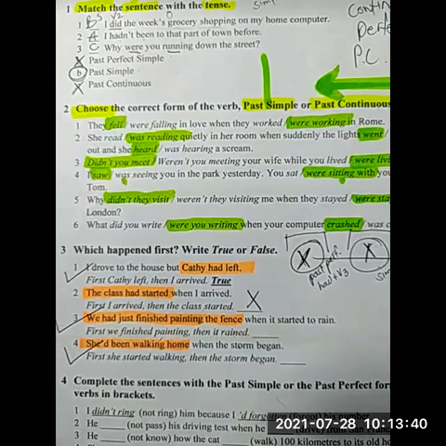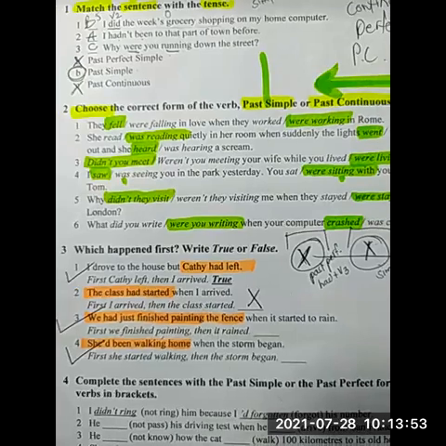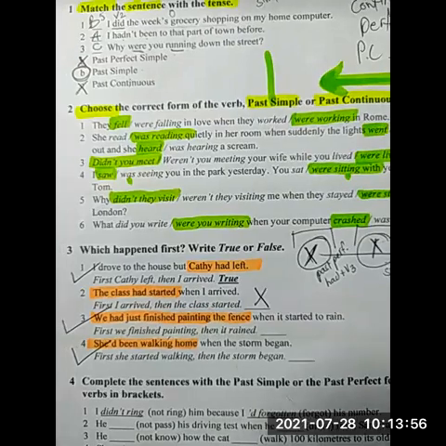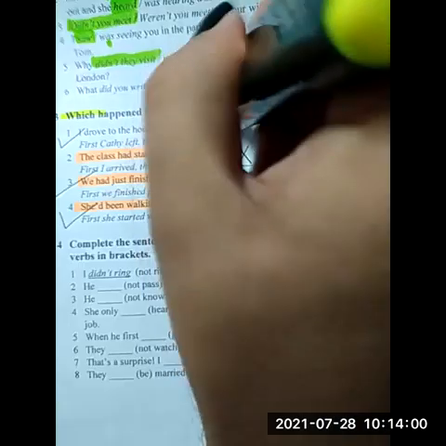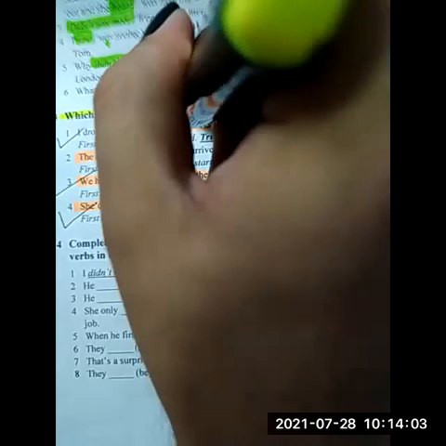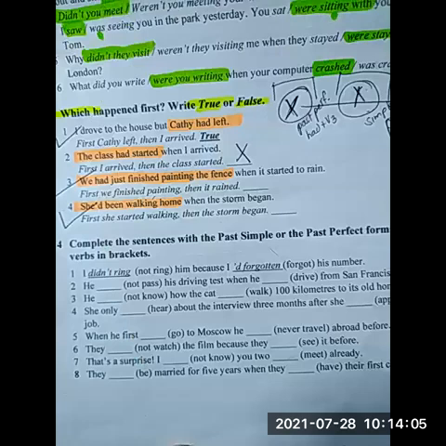Okay, now let's go to question number 4. Question number 4 is also about mixed tenses. And as we continue studying English more and more, this is becoming very important because, look there, which happened, true or false? I forgot to highlight that. I'm sorry. Now, question number 4. Complete the sentences. And now I have past simple, past perfect, past simple, past perfect.